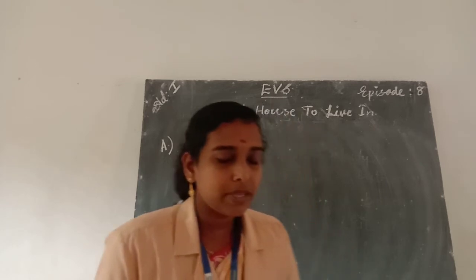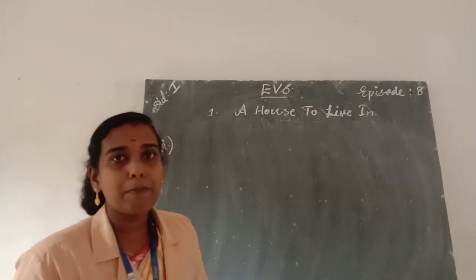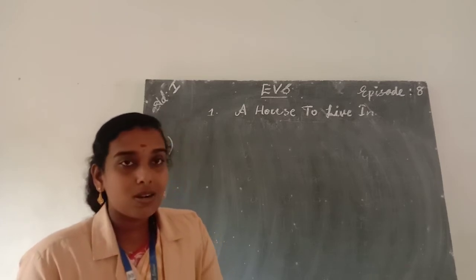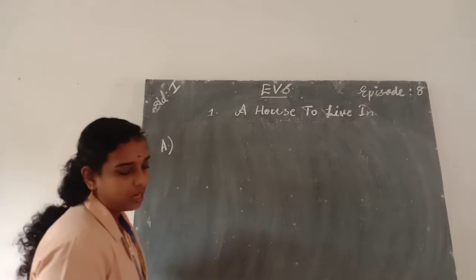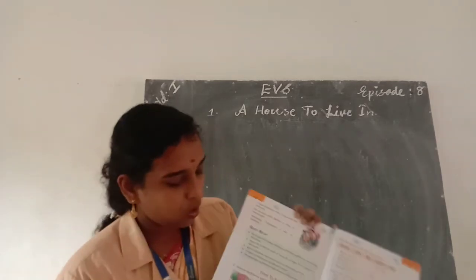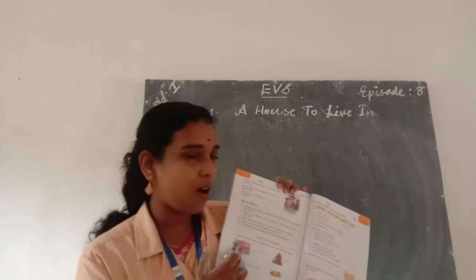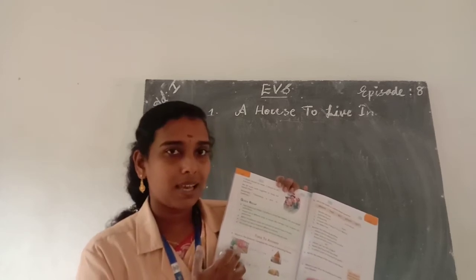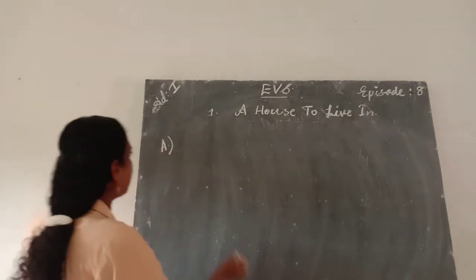There are some missing letters in the names of the types of houses, and we want to find them. The first one, look at the picture. What type of house is this? Bungalow.